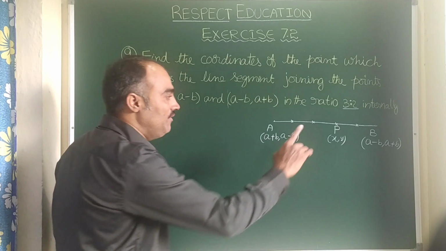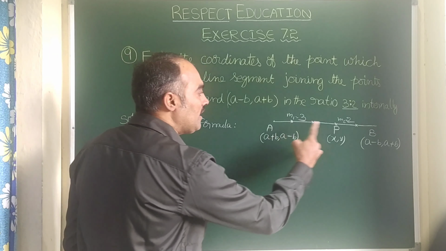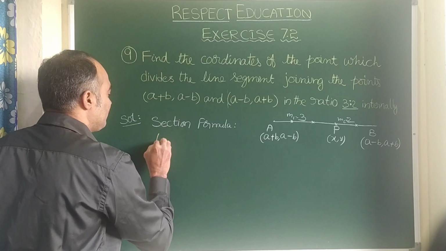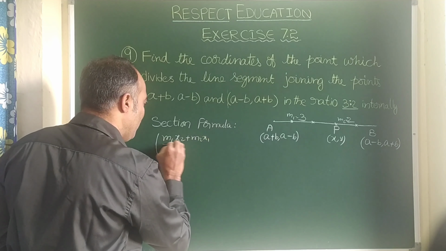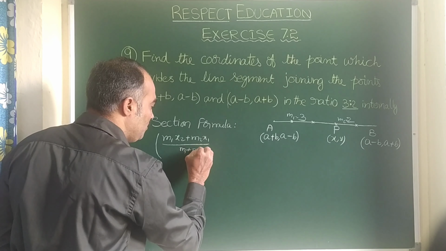So you can easily guess it. Which formula is suitable for this? Definitely the section formula is suitable. So here let us write the section formula first. Section formula is nothing but, if P divides AB in the ratio m1 is to m2 internally, then the coordinates of P can be written as (m1 x2 plus m2 x1) by (m1 plus m2).